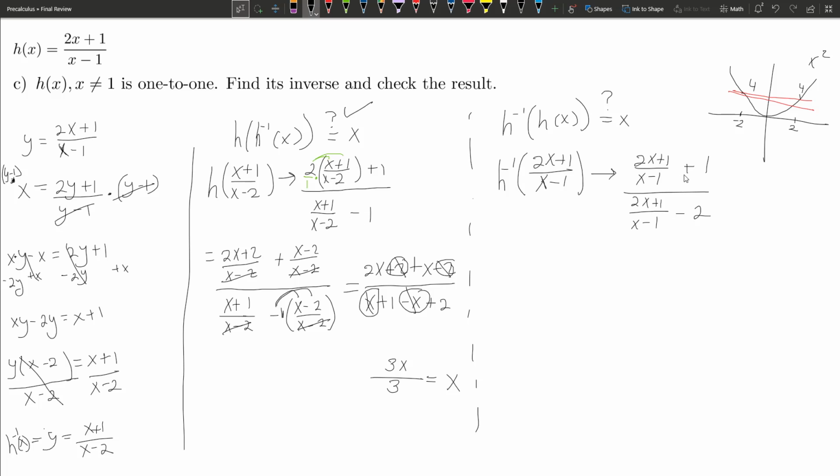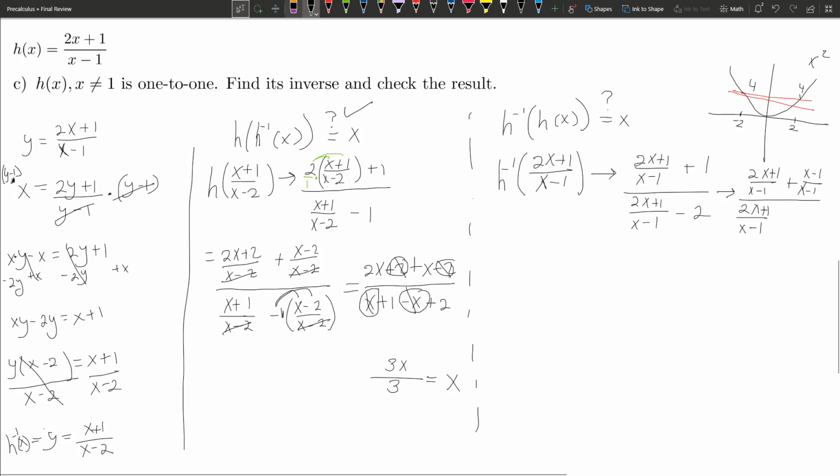I'm going to make the denominators all the same. So this one remains just the way it is over x minus 1. I could rewrite that 1 as x minus 1 over x minus 1. All of that over 2x plus 1 over x minus 1.